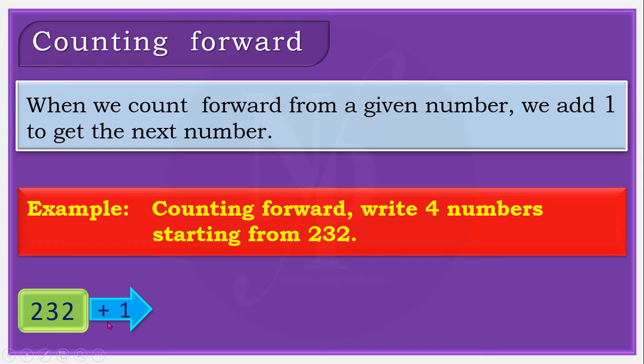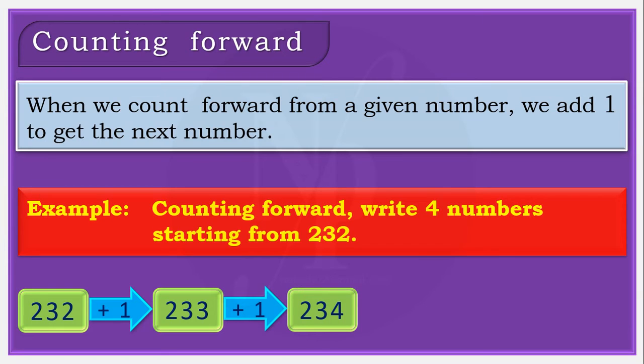So to get the next number, what we do, we will add 1. 232 plus 1 gives us 233, and if you add 1 to it, you will get 234. 234 plus 1 gives us 235.